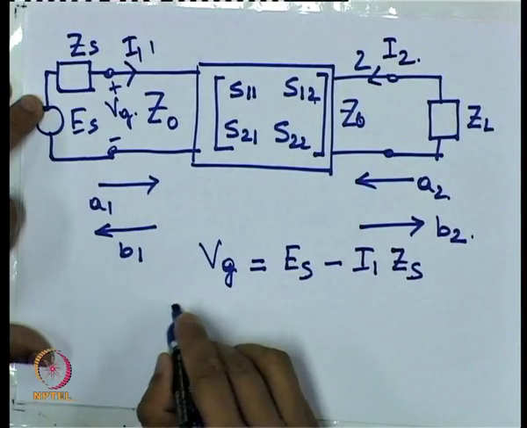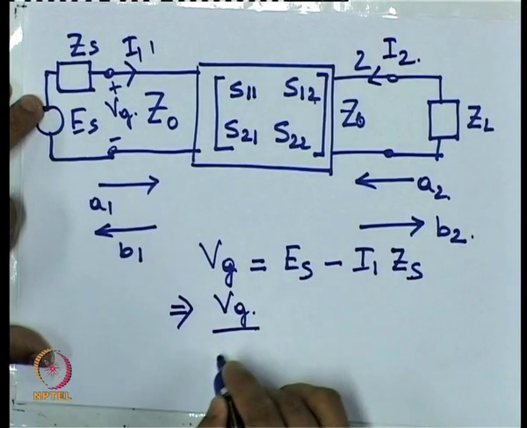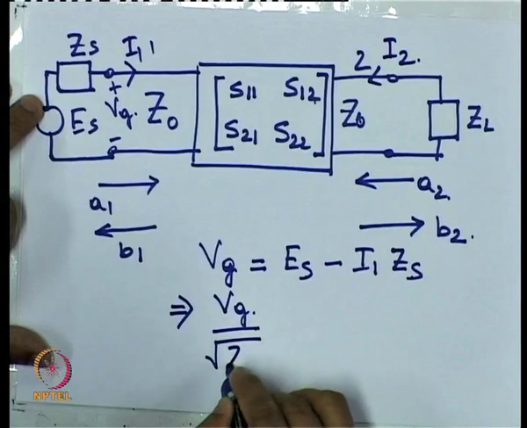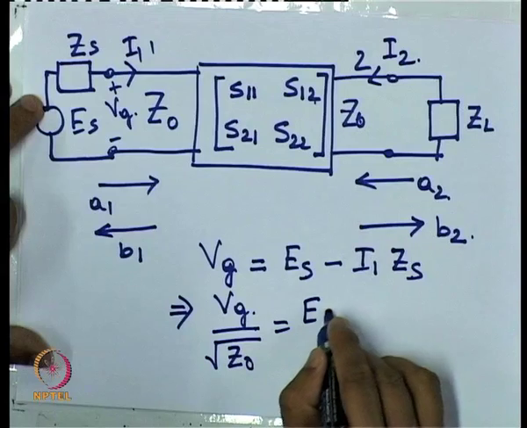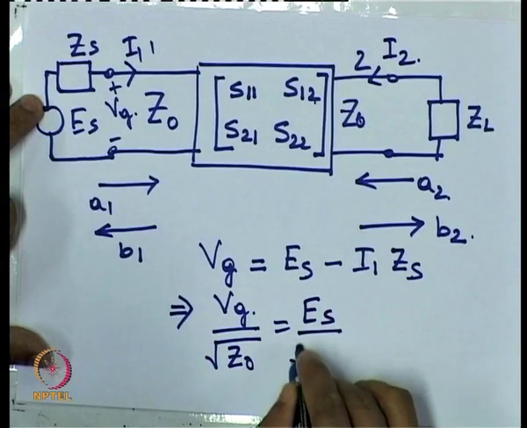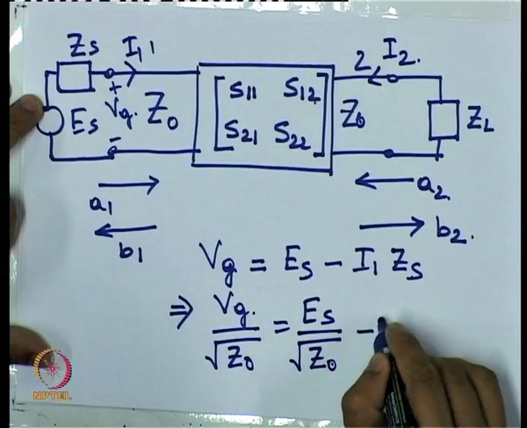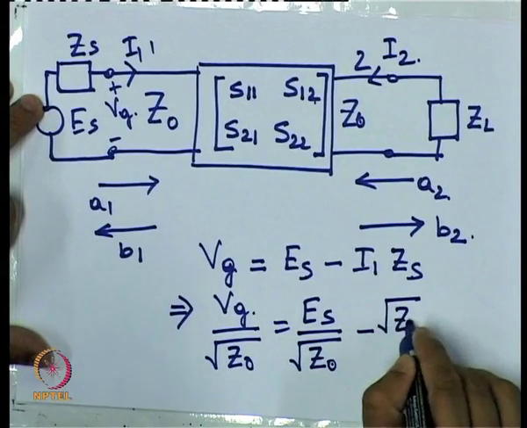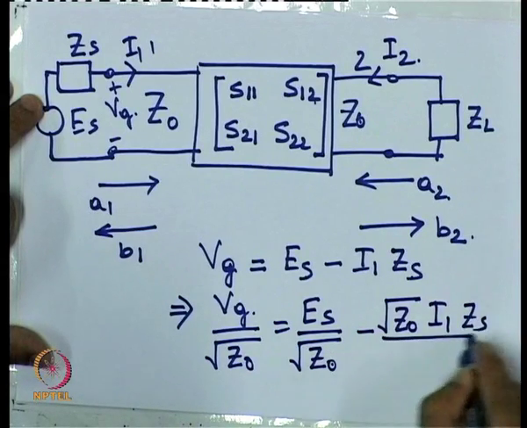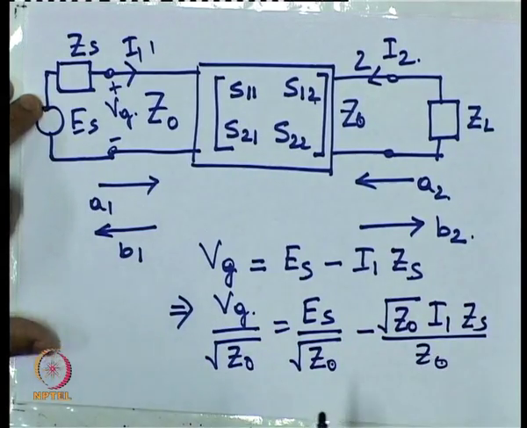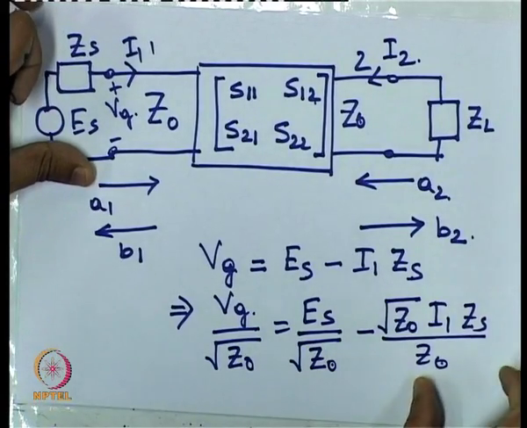From here we can write this as, now this is the circuit equation in terms of voltages and currents.